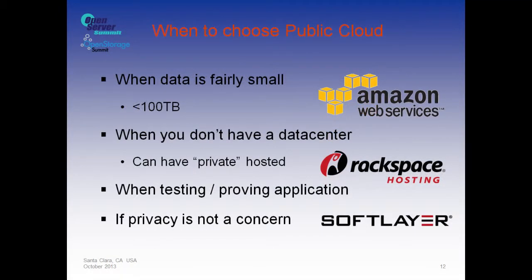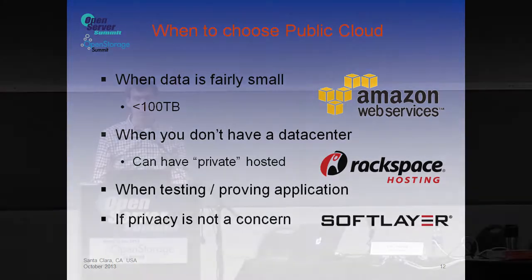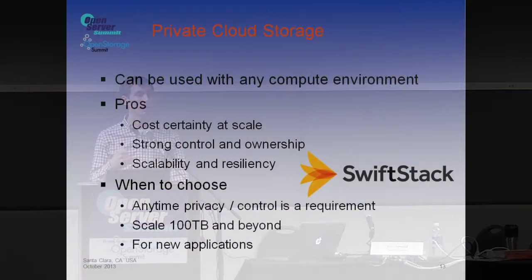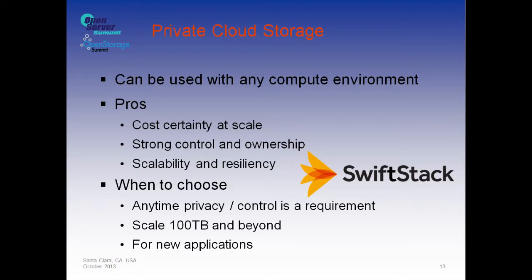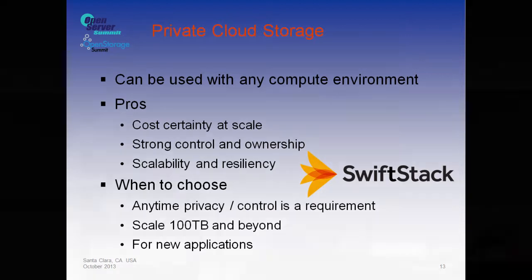You have to manage privacy around that. It's great, but I think there's an opportunity for private clouds to exist. So with deploying your own infrastructure, you can scale that up as you need. You have some cost certainty. You can own it, scale it.